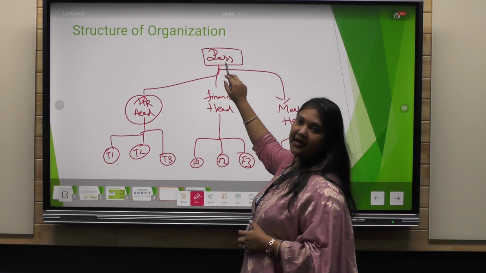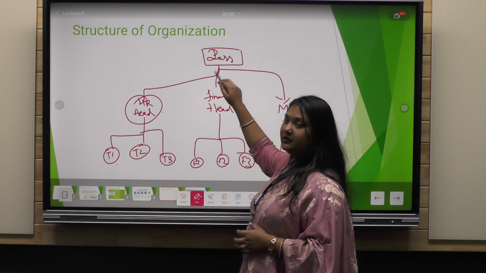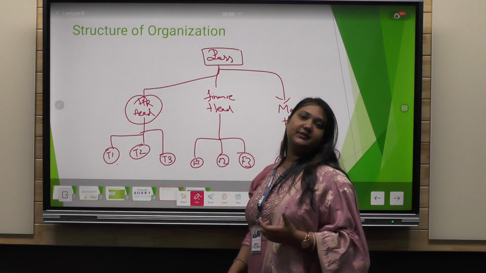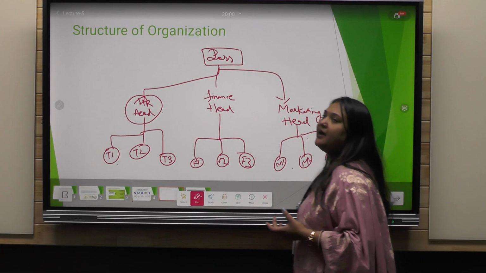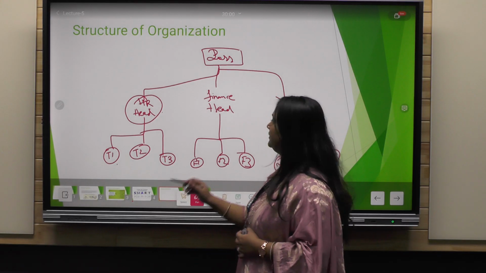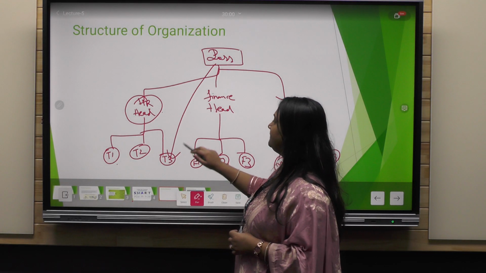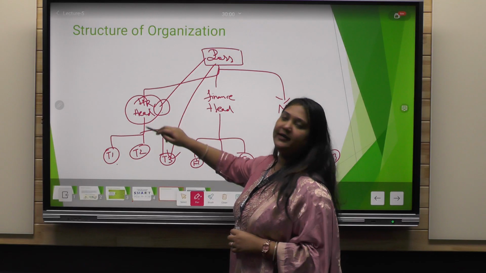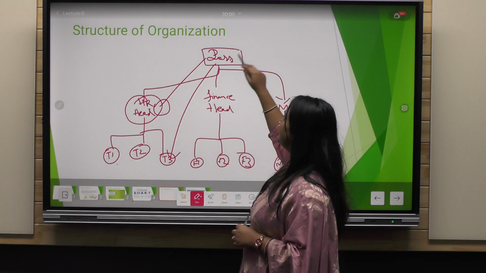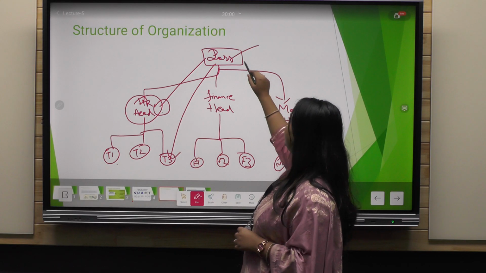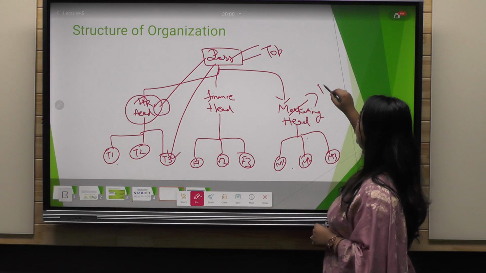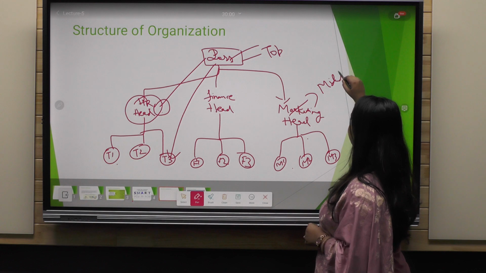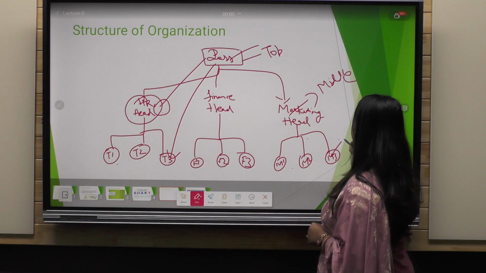When he has to take any suggestion or ask anything, he will not go directly to the team members, he will go to the head, as the boss is the top level of management. This is the top level of management, this is the middle level of management, and this is the lower level.